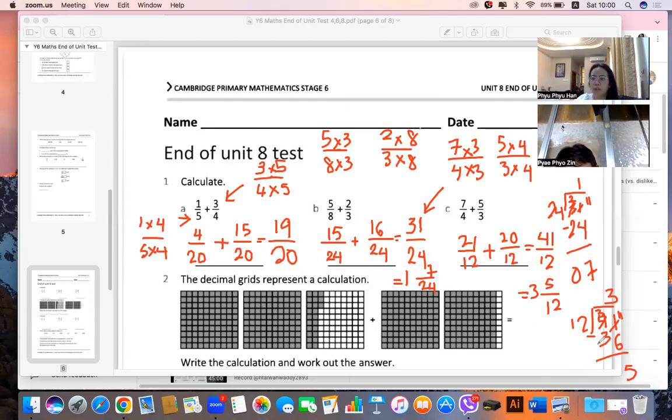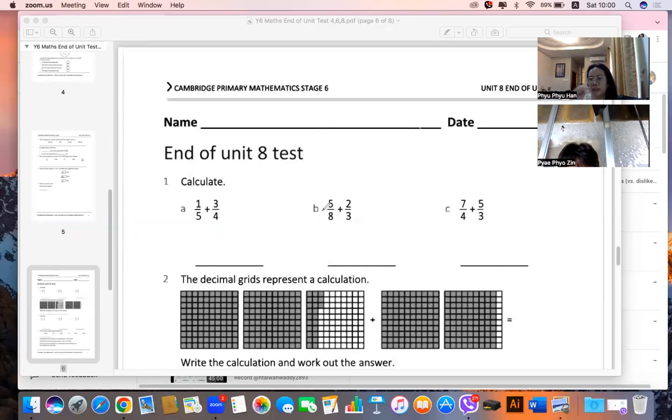So you know how to do it? Yes. Okay. So do you know how to do division also? For example, 1 by 2 divided by 1 by 8. So division is like this.